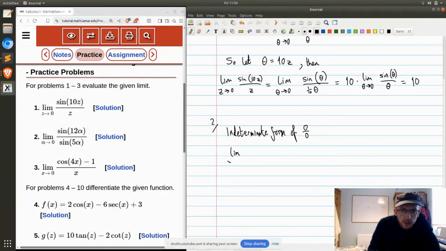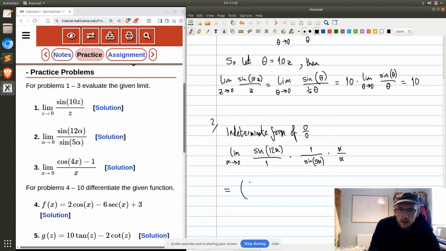And we'll say it's the limit as alpha approaches 0 of 12 alpha over 1 times 1 over sine of 5 alpha. Then we'll multiply the entire thing by alpha over alpha.